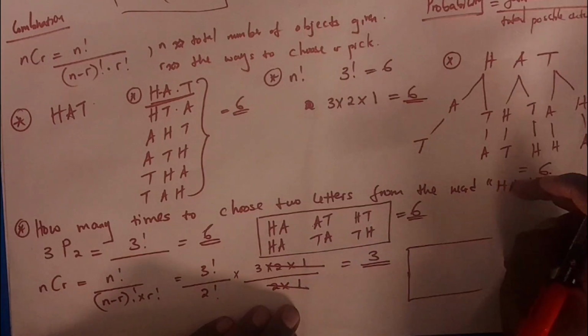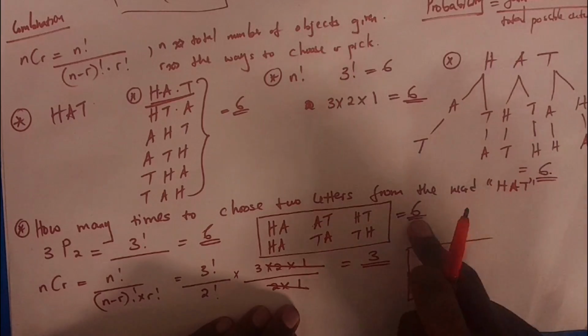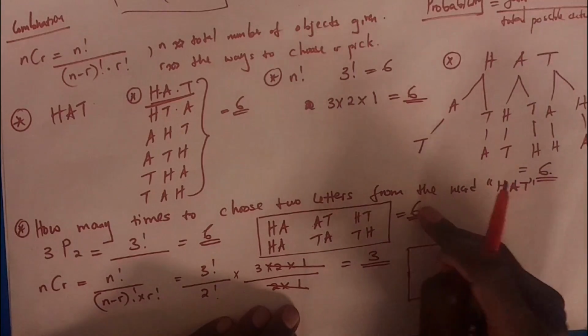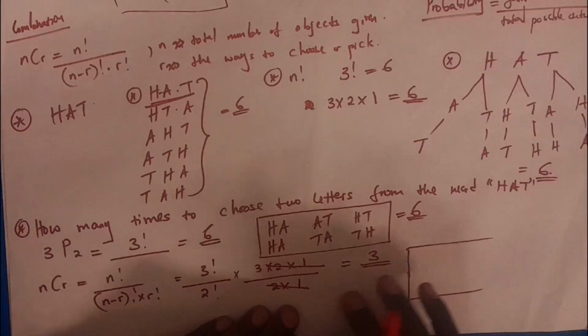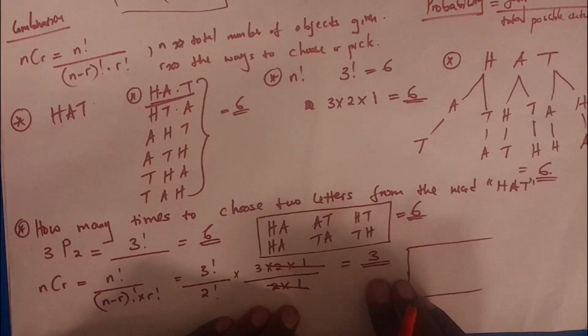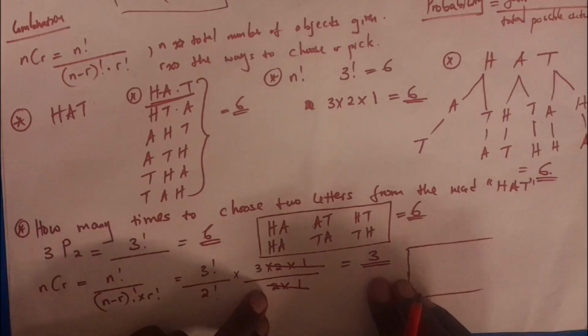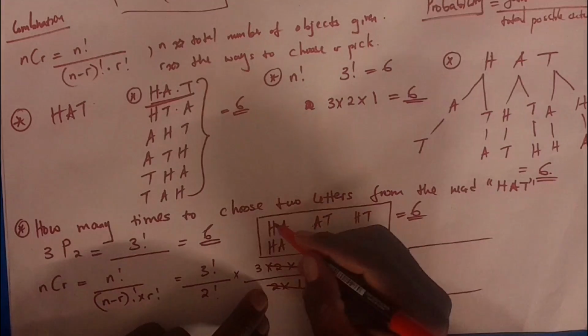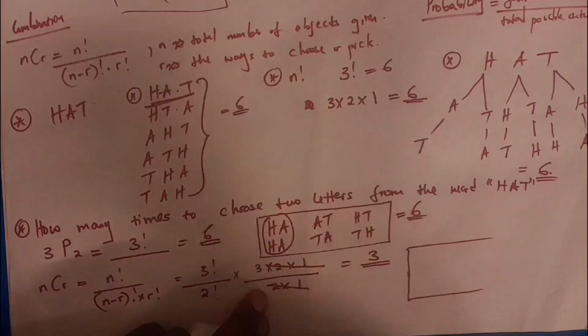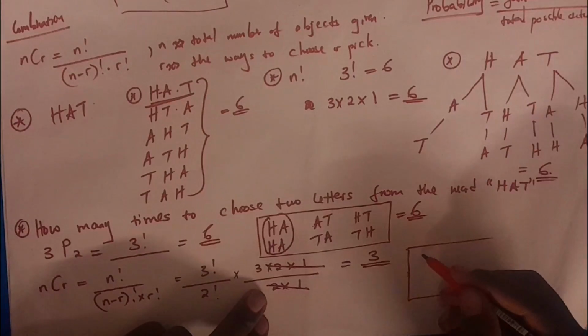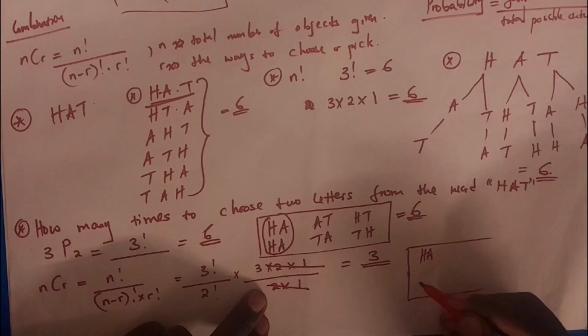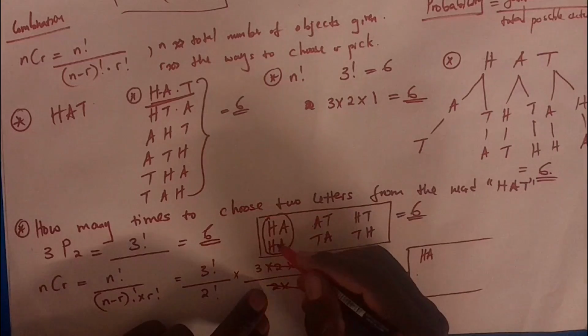With the same question, our answer is different: on the permutations we have 6, and on the combinations we have 3. What it means is this. On combination, this one is taken as one thing. It's the same thing, like HA and AH.